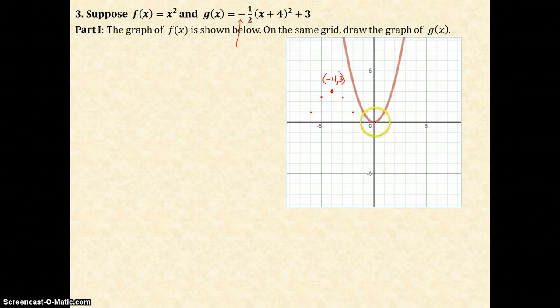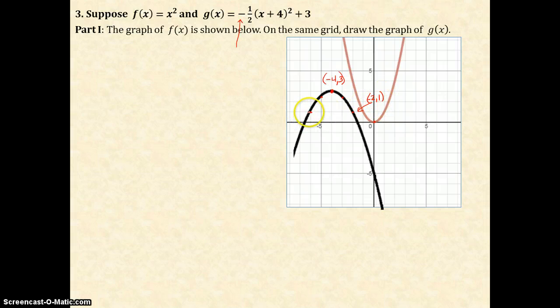And on the original one, if I went over 3, I went up 9. 1, 2, 3, 4, 5, 6, 7, 8, 9 is up off the graph, so I'm not really going to worry about that. But what I will do is graph through those points that I have. And we can label those points. -2, 1.